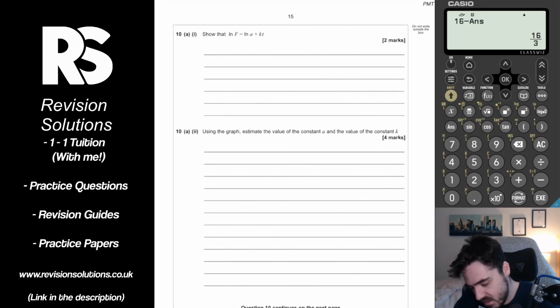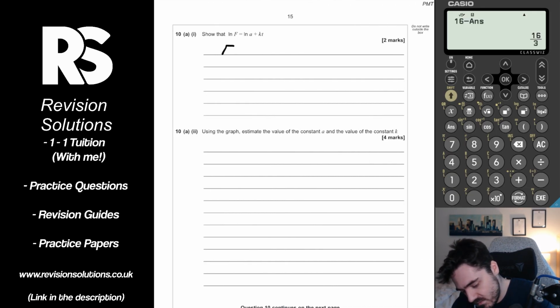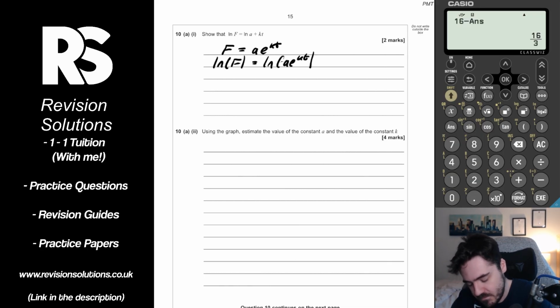If we start from the equation they gave us, that was f equals ae to the kt. First off, if we want natural log of f, we're going to need to log both sides. So natural log of f would be natural log of a e to the kt. If we split up that right-hand side log now, because it's multiplying on the inside, we can write that as addition.